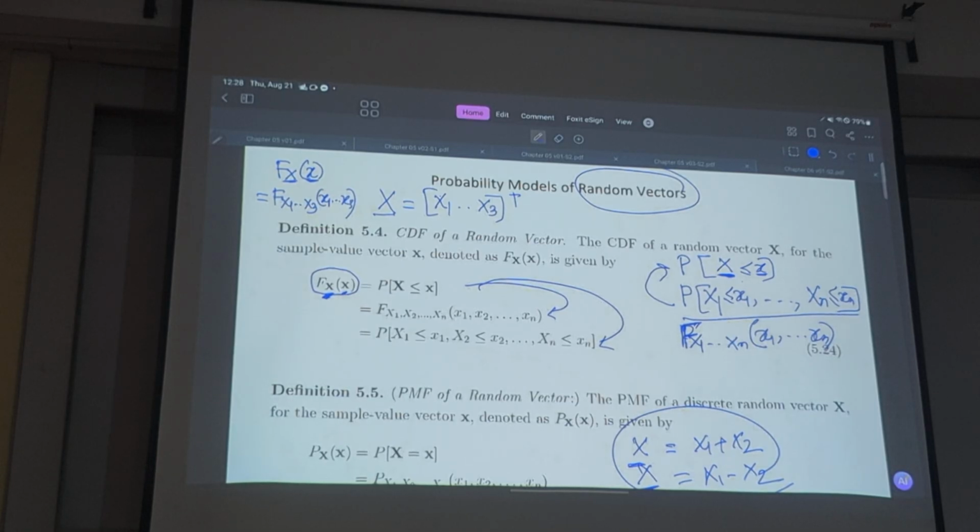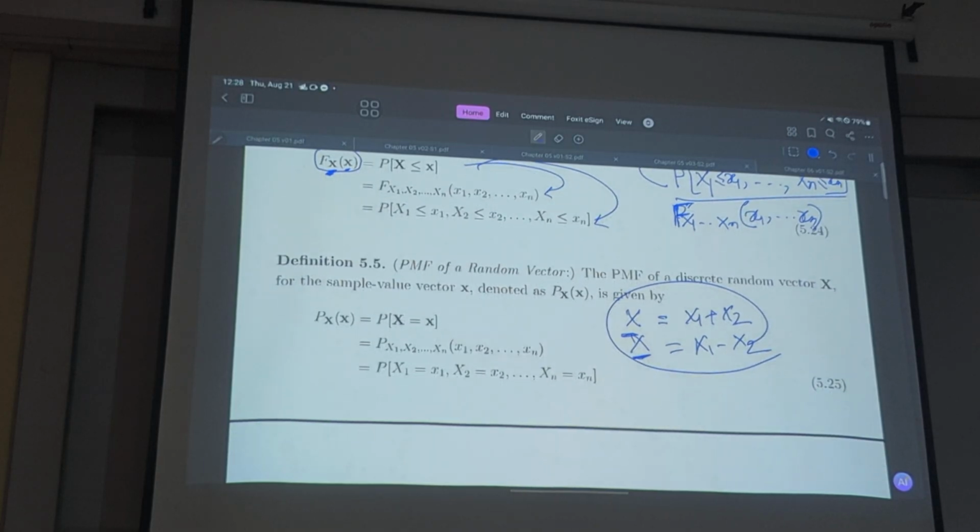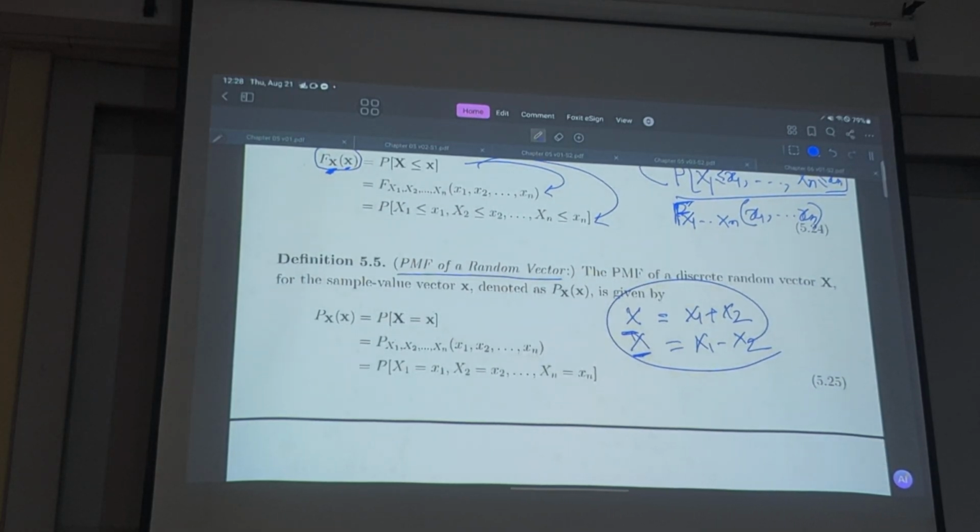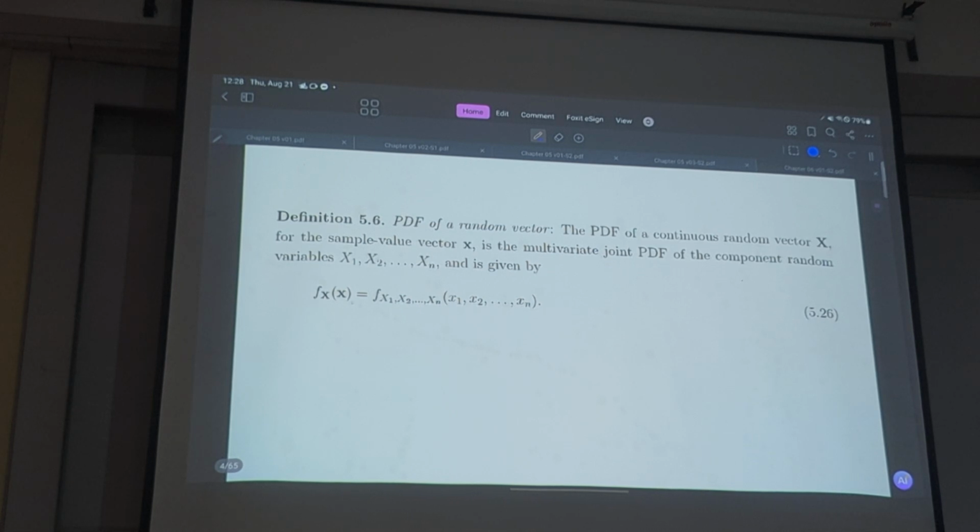If there are two random variables, then it will be a joint CDF or joint PMF. If there are three, then it will be a multivariate joint CDF, multivariate joint PMF. Right? For example, in the case of the PMF of the random vector X, it is simply X equal to x. That means the component variable X1 has the value x1, X2 has x2, and so on. We understand this or not? Yes? And similarly, this indicates the joint CDF of X1, X2, and so on.